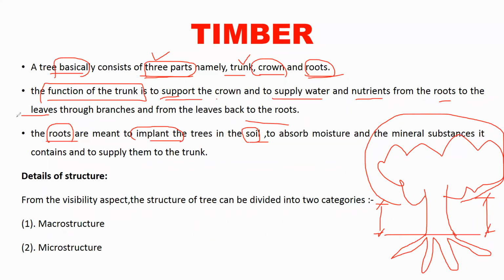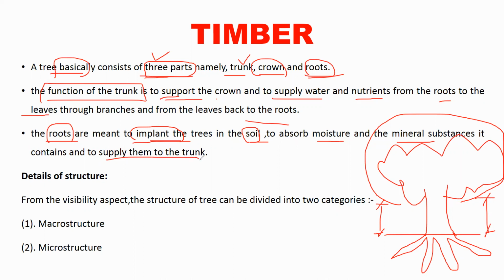Understanding? The root implants the tree in the soil to absorb the moisture and mineral substances from the ground and supply them to the trunk.